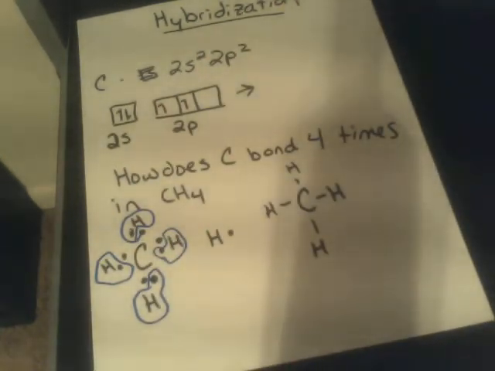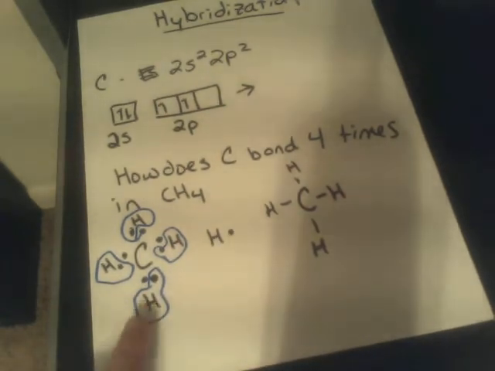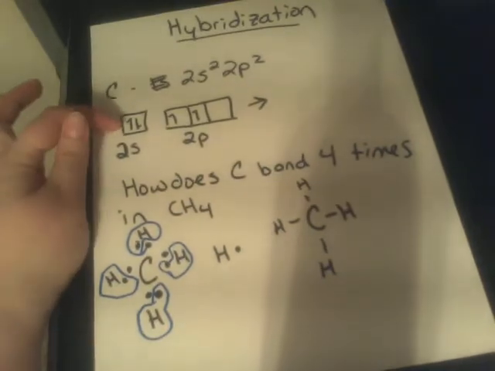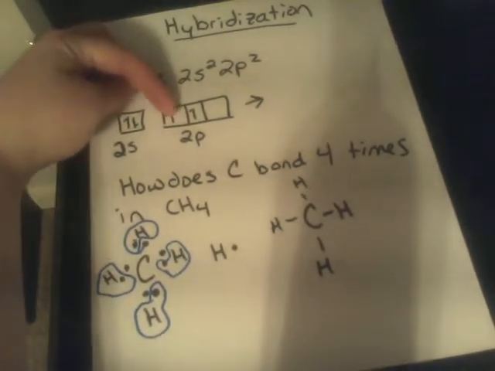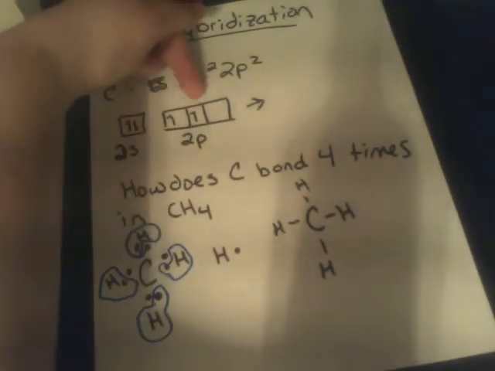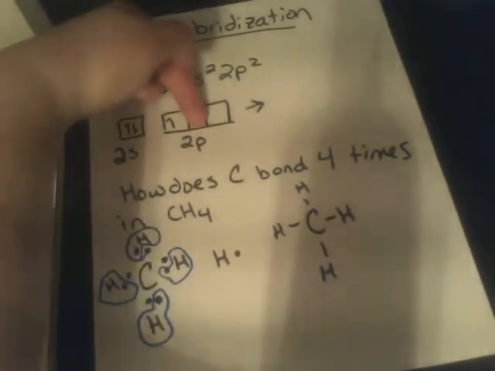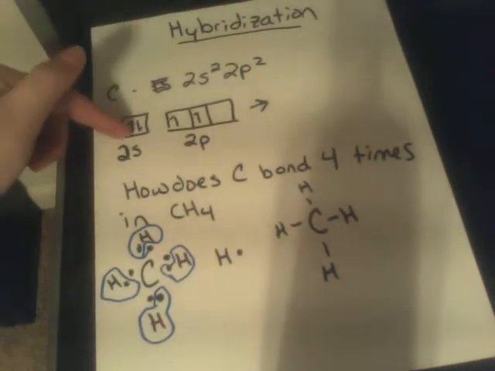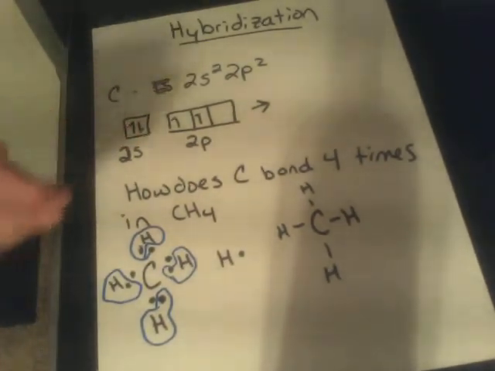So hydrogen, which looks like this, 4 of them come together and form a sigma bond. Hydrogen can insert an electron here, form a bond. Hydrogen can insert an electron here, but can hydrogen do anything with this? No, it is a full orbital.